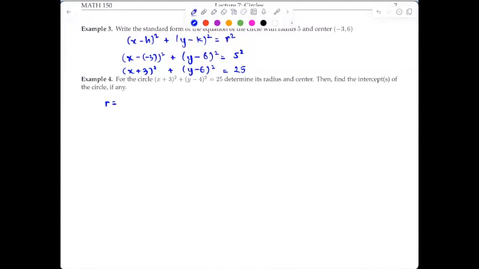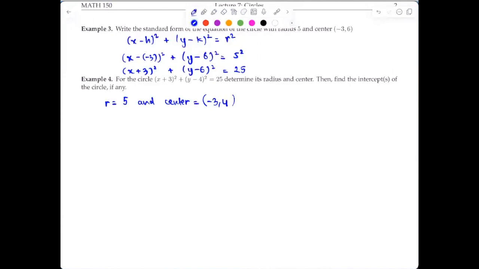5, yes. And the center is, what is the center? -3, 4. Okay. Now you're going to find x-intercept and y-intercept.